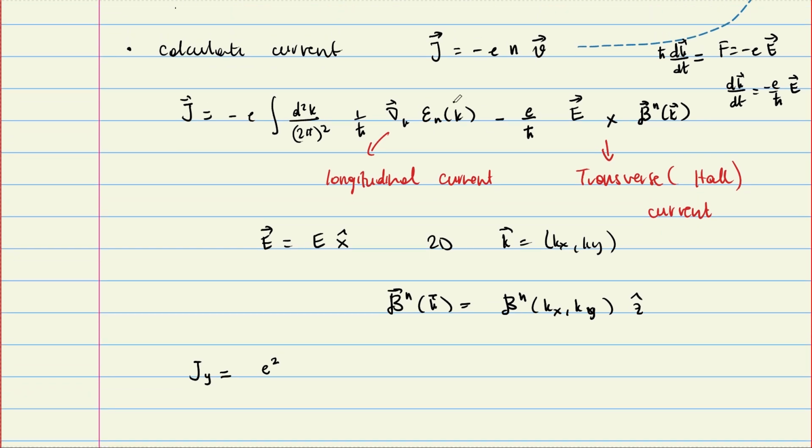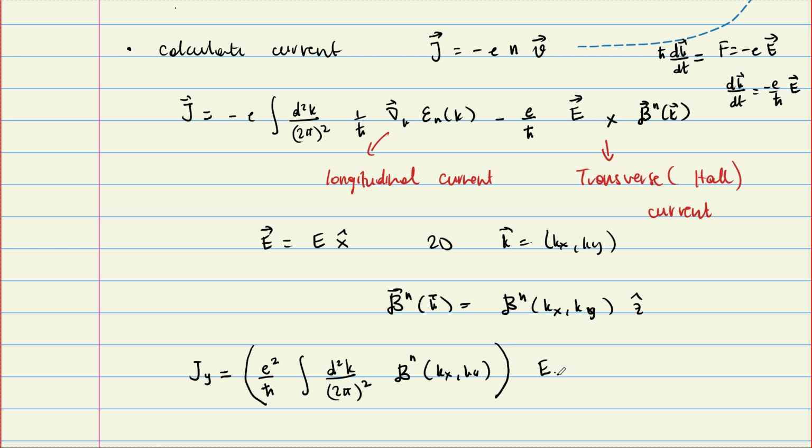Then there's one more e squared over h bar. So this is the integral dk over (2 pi) squared, and this is along the z direction, so there's no vector now, B_n(kx, ky), and this whole thing is multiplying this E, which is in the x direction.